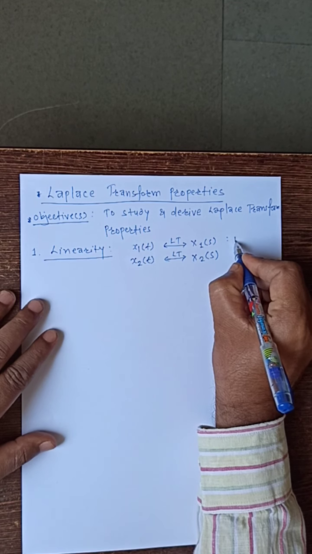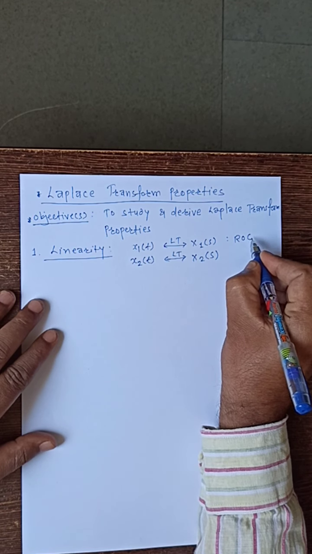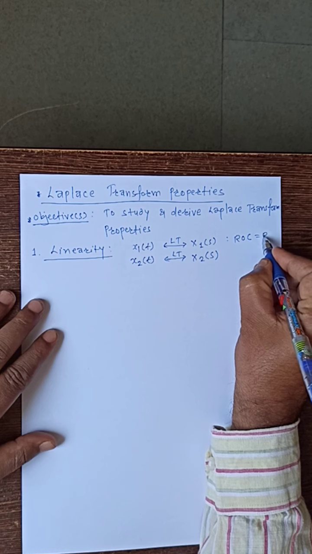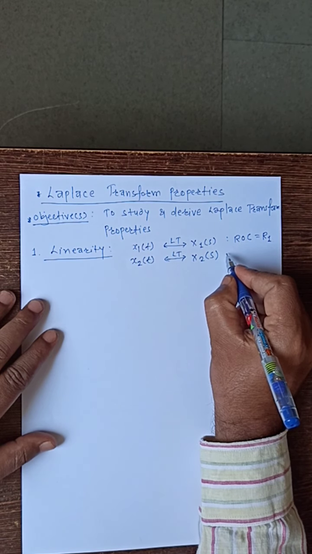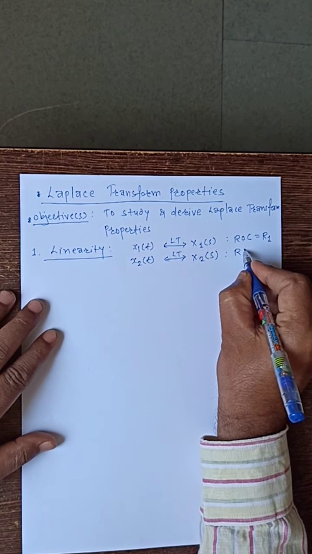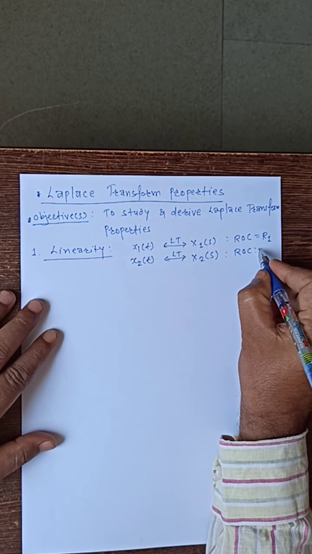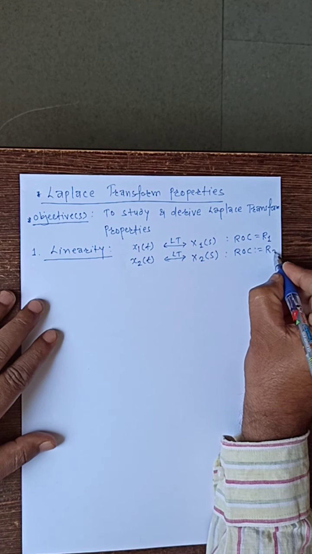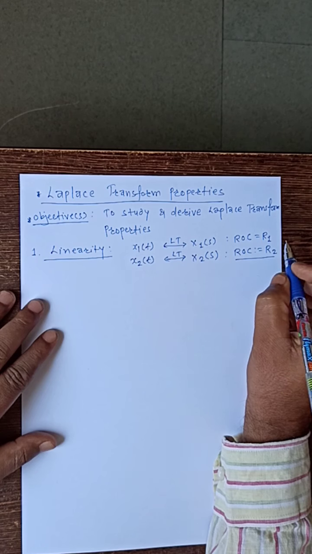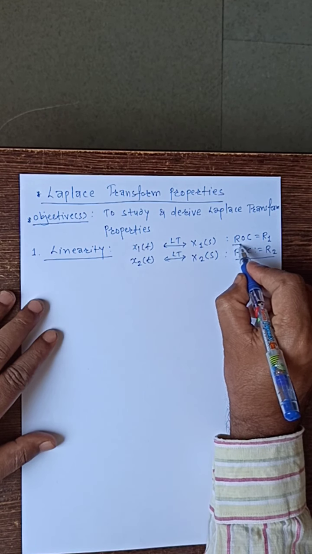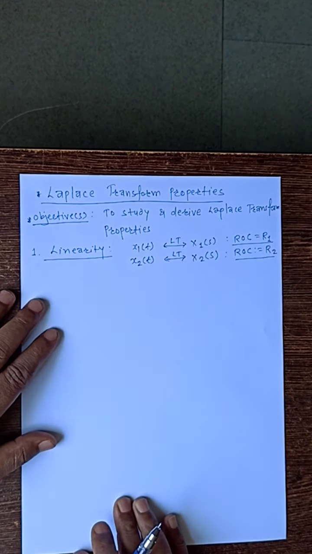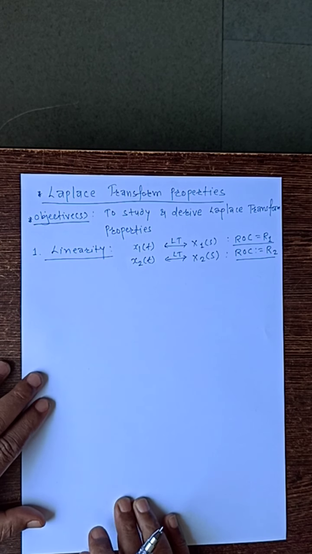Let us consider the ROC of the first signal to be R1, and the ROC of the second signal to be R2.